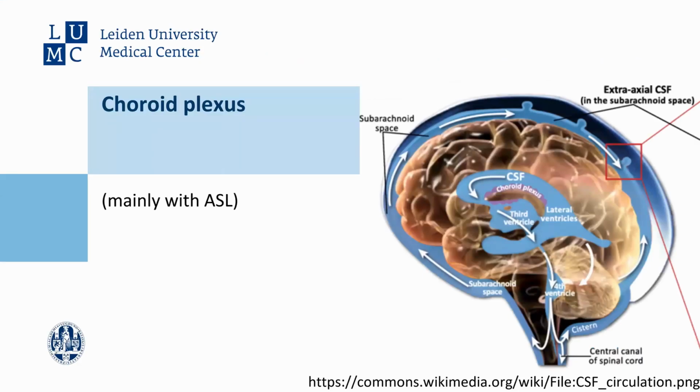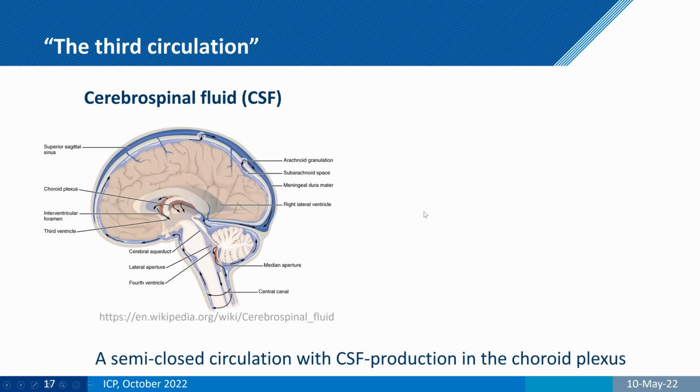So now let's move a little bit more to the ventricle system, and especially also the choroid plexus. And the choroid plexus is, of course, a central part of the third circulation hypothesis, in which the CSF is formed by the choroid plexus and then pumped around and also taken up in the arachnoid granulations.